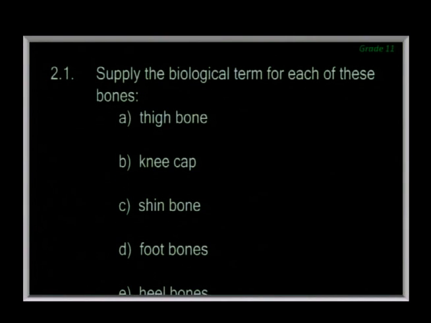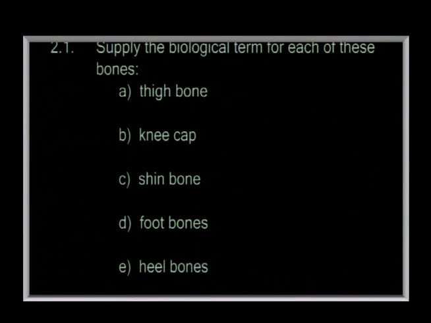Okay, last question. Supply the biological terms for each of these bones. So, what is your thigh bone? Come on, you've got to know this. The thigh bone will be the femur. Okay? If we look here, the kneecap is the patella.